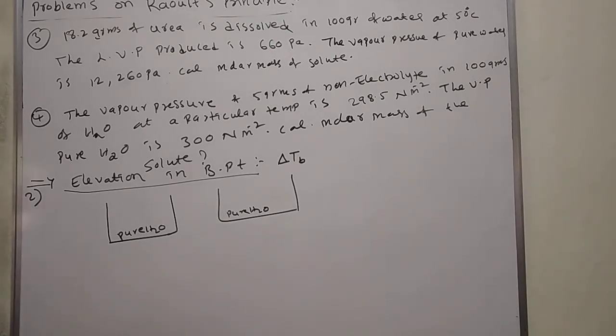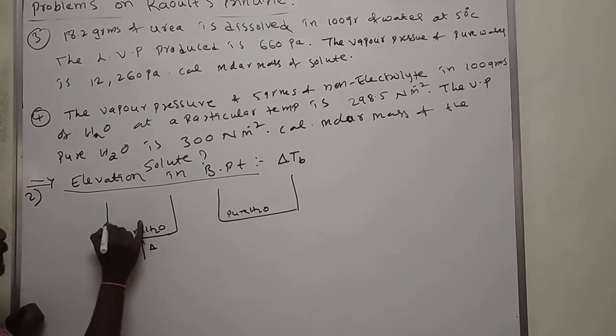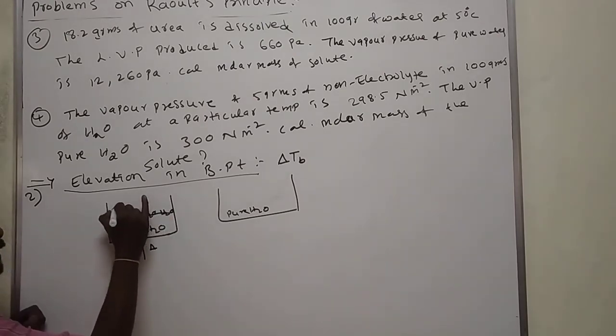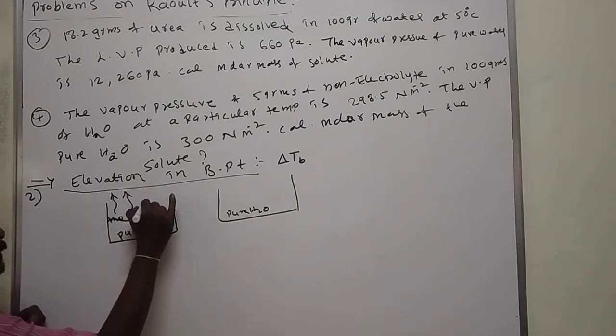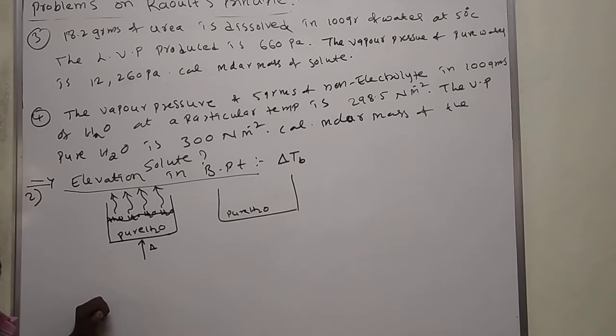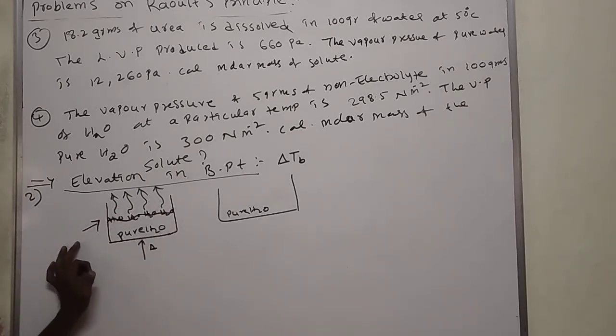Okay, here pure water. If you heat this pure water, the water particles present at the surface can vaporize. First it boils and then vaporizes. That particular temperature we call the boiling point.